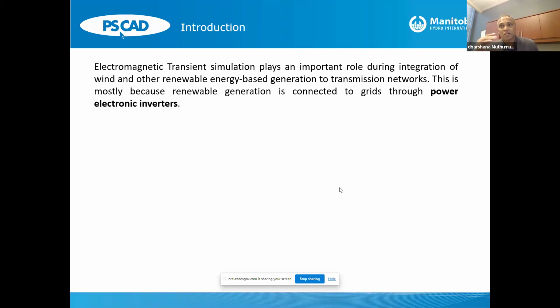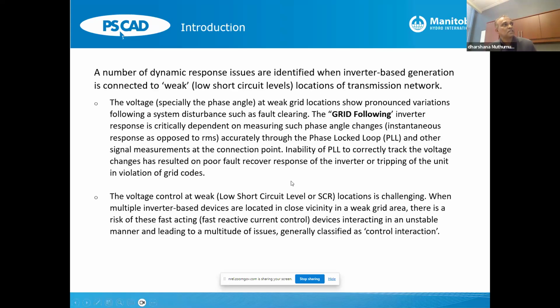But whereas even 10 years ago there was hardly any EMT simulation done to identify system level oscillations or instabilities, unlike 10 years ago, there will be a bigger need to perform EMT simulations for system level analysis or studies. So during this presentation, we will try to establish why, and some of the challenges as we have to do those type of simulations.